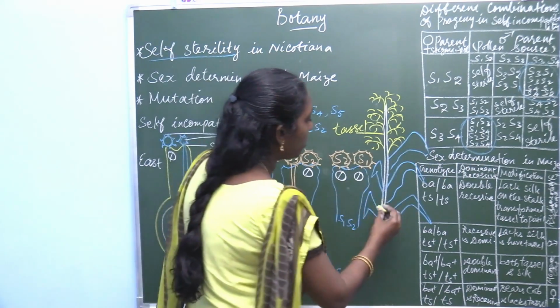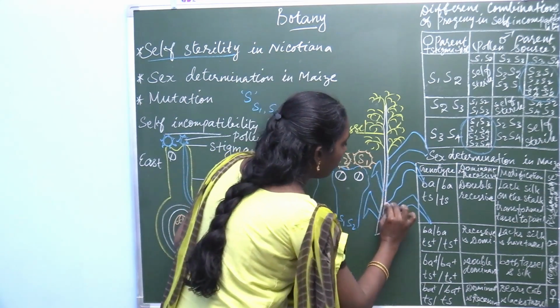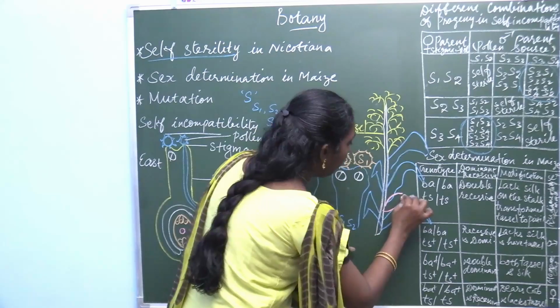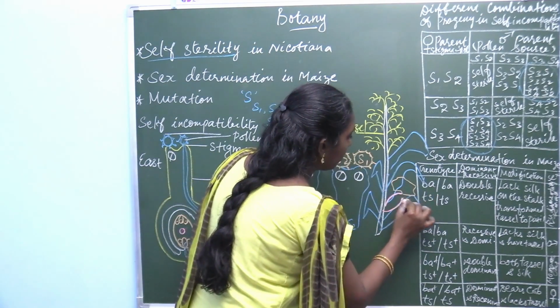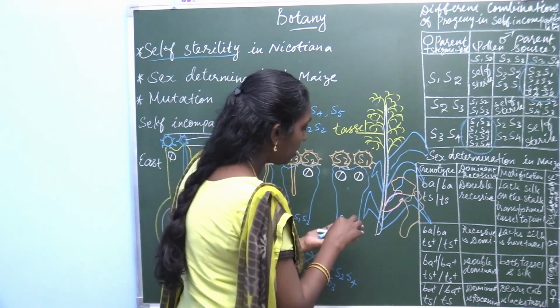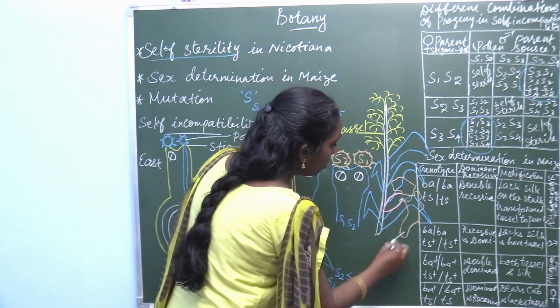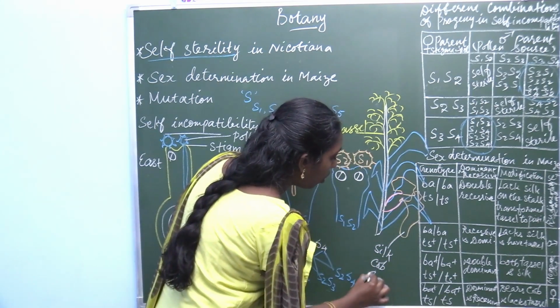Here it produces the female inflorescence, the silk. This female inflorescence is named silk or cob or ear.